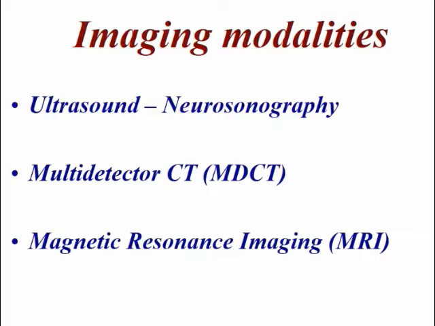It's a multi-detector CT, you call it MDCT, and a multi-slice CT, you call it MSCT. Both are the same. So initially we were doing a single slice section. But with the advancement of technology, now we have multiple sections.